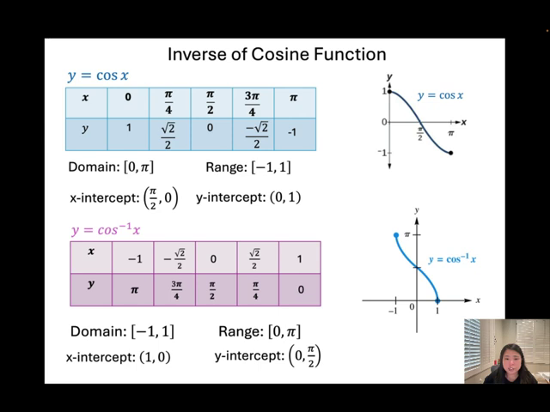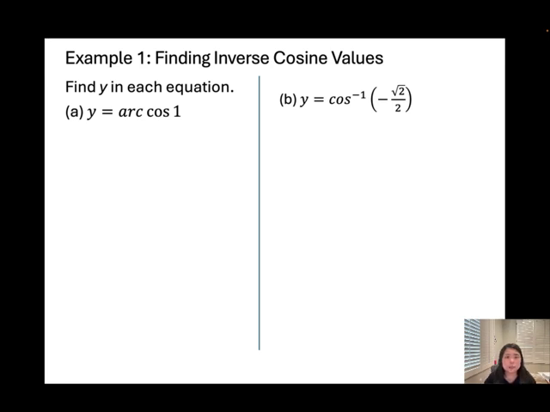Okay, I need you to remember the inverse function of cosine x, remember the domain, and remember the range. Okay, let's work on the example. Find y in each equation. So y equal to arc cosine 1.